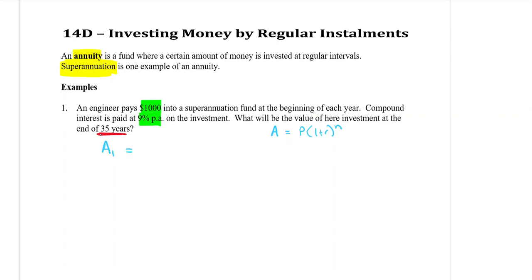Using my compound interest formula, that first $1,000 will get compound interest of 1,000 times 1 plus 0.09 to the power of 35. What you will probably start to do very quickly is as soon as you have 1 plus your interest rate, put them straight together to be 1.09 to the power of 35, and it will save you time and working out on your paper.